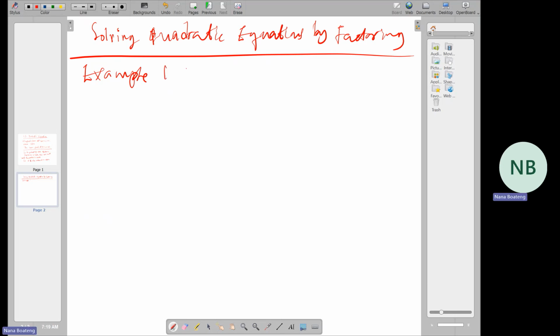We have to solve this equation by factoring: 2x squared plus x minus 1 equals 0.